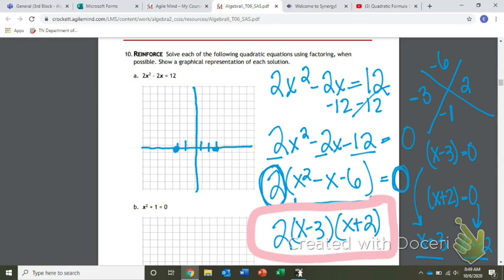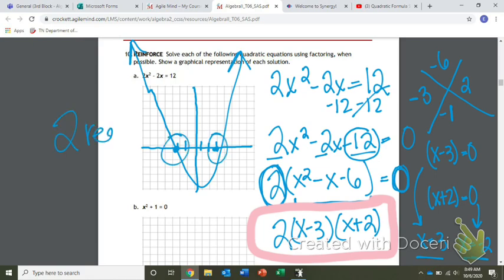All right, now, if you graph that, our y-intercept is going to be this -12. My graph doesn't go that long, so I'm just going to sketch it, and it'll look something like that. Okay, how many real solutions do you have? 1, 2. 2 real solutions. Okay.